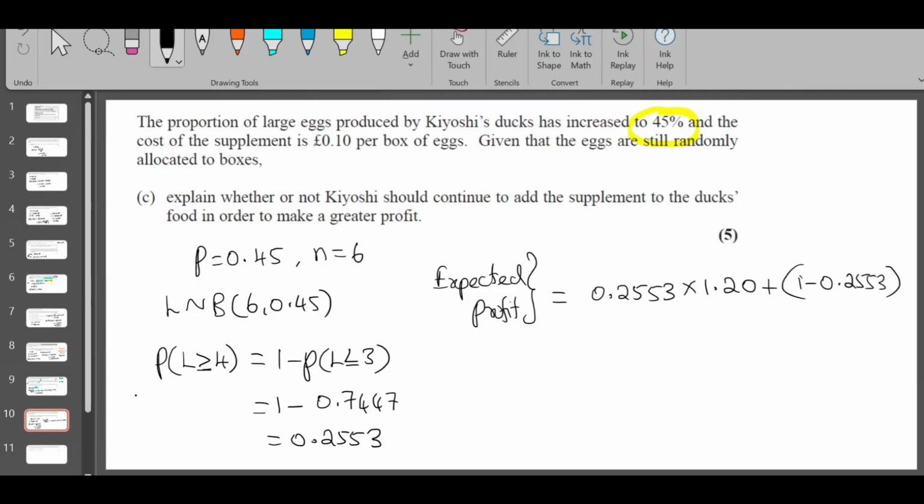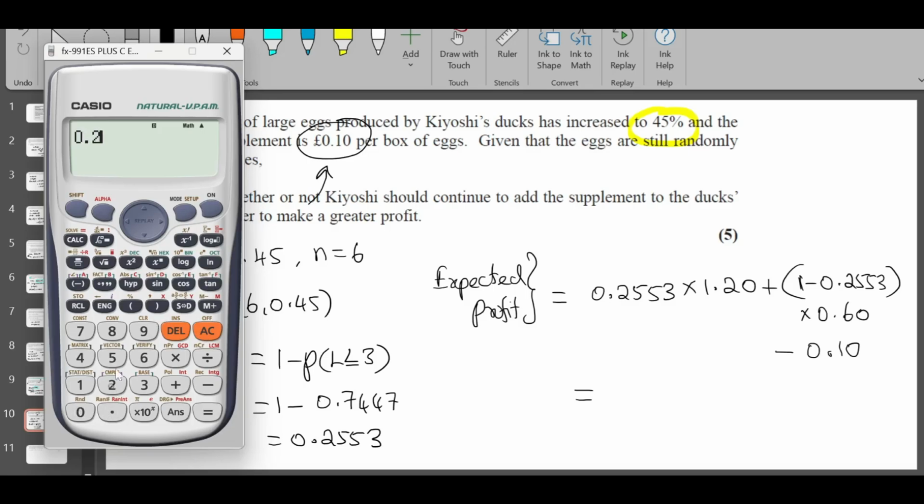That's the probability that the boxes contain more small eggs, times 0.60. Okay, that's the profit per box, but again you need to subtract this supplement cost, because for every box he is spending this much for the supplement, right? So you need to subtract that amount and find the expected profit now.